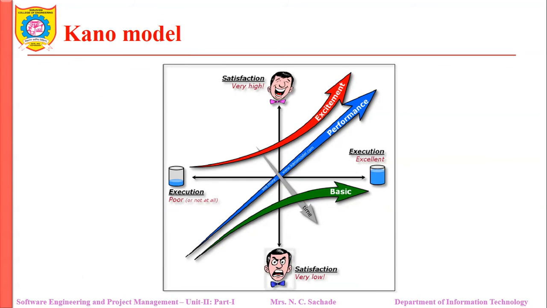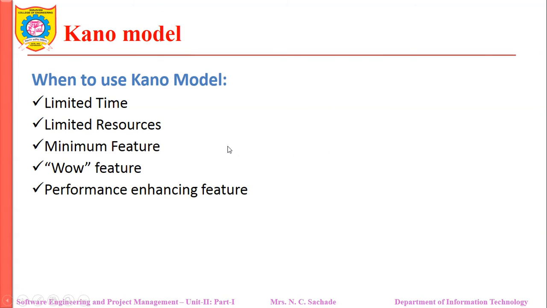In short, these are the requirements which we want to add: basic, performance, and excitement. Now, when should we use the Kano model? When we have limited time, limited resources, and minimum features are expected to be added so that we can build the first increment. Wow features we are expecting in it, and performance enhancing features we want to add in it.